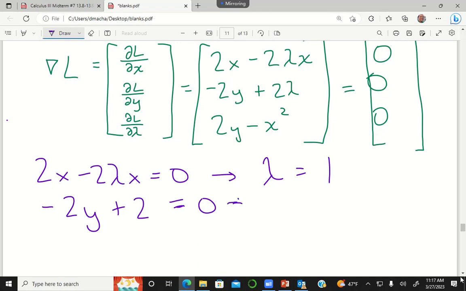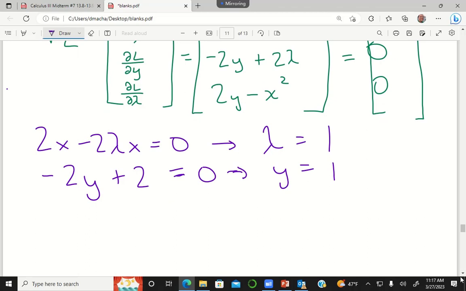And that tells me that y is equal to 1. And if y is equal to 1, then 2 times 1 minus x squared tells me that x is equal to plus or minus the square root of 2.